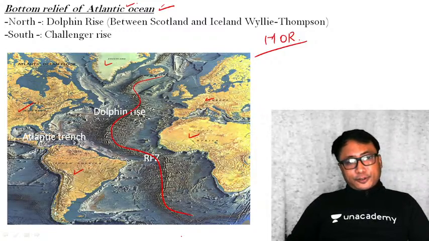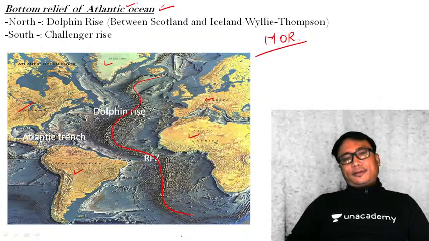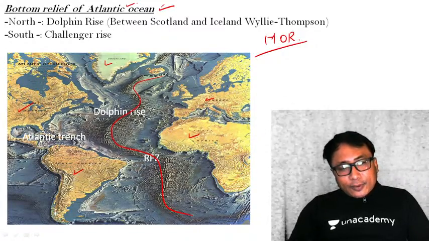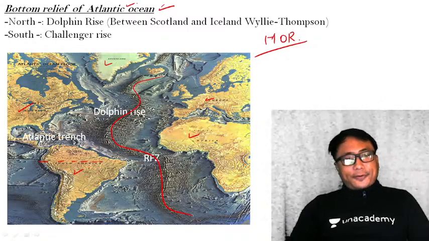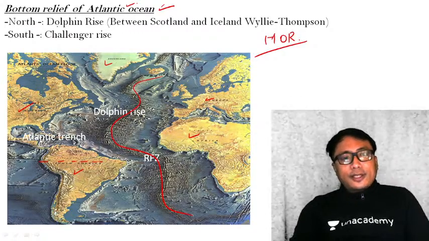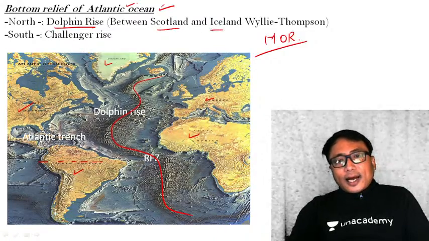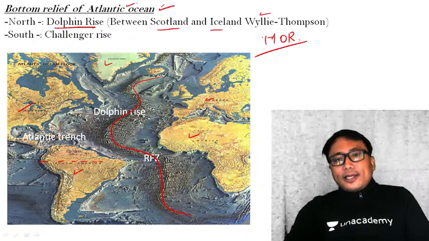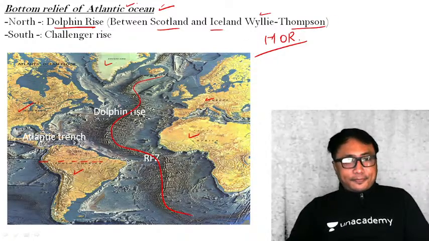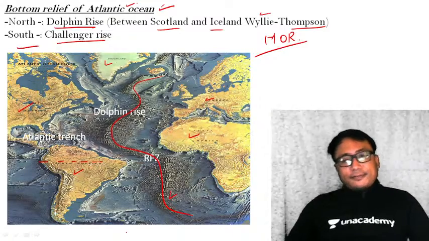Equator will be somewhere here. In the northern hemisphere, this ridge is known as Dolphin Rise. Between Scotland and Ireland, it is known as Wyville-Thomson. In the south, it is known as Challenger Rise.